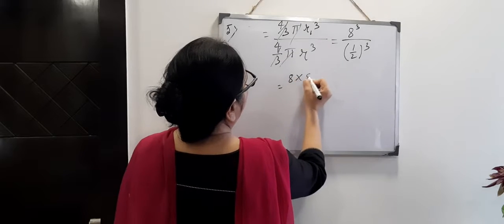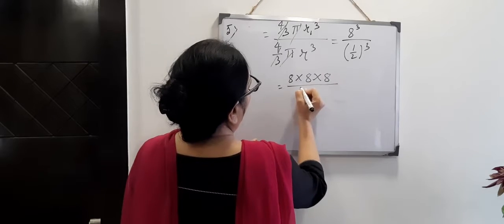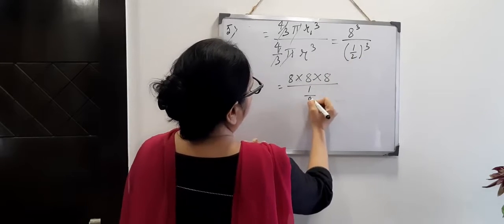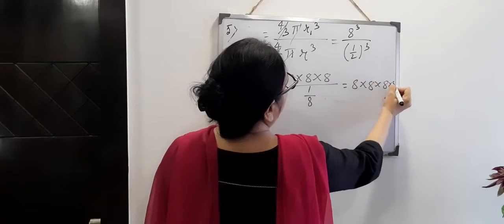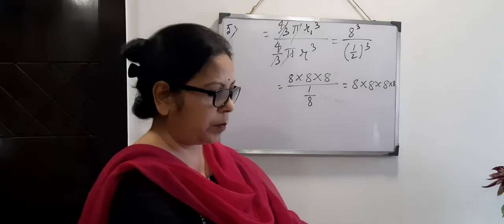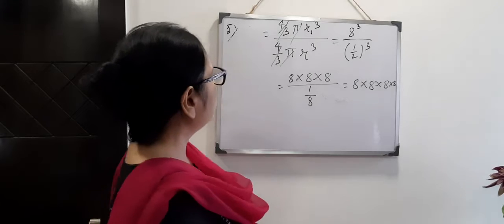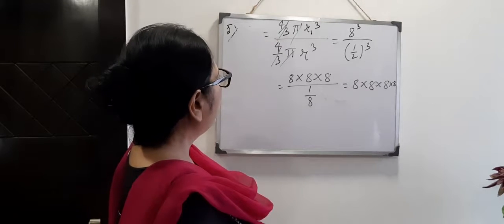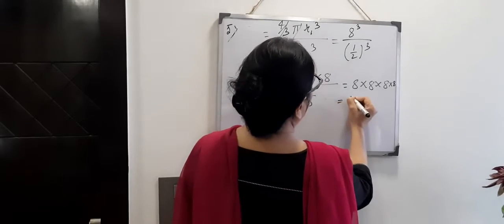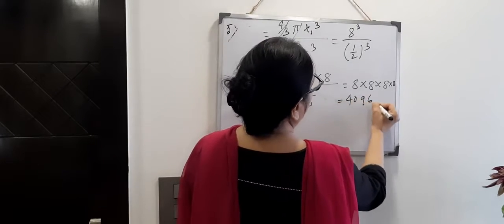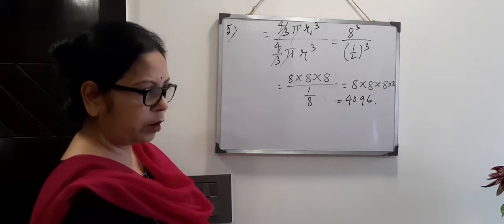So 8 into 8 into 8, and denominator it will come 1 by 8. Cube means 1 by 8. So it will go here. 8 into 8 into 8. Now I have done the multiplication. After multiplication, it is coming 4096. This is your answer of marble balls.